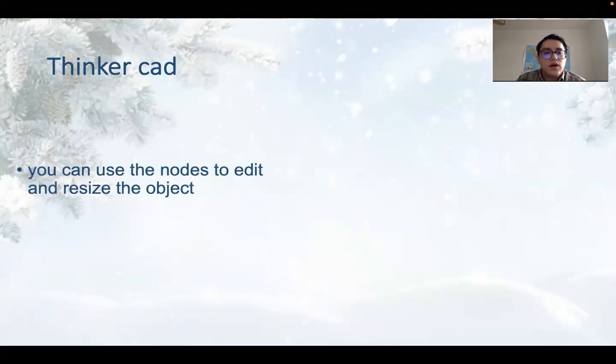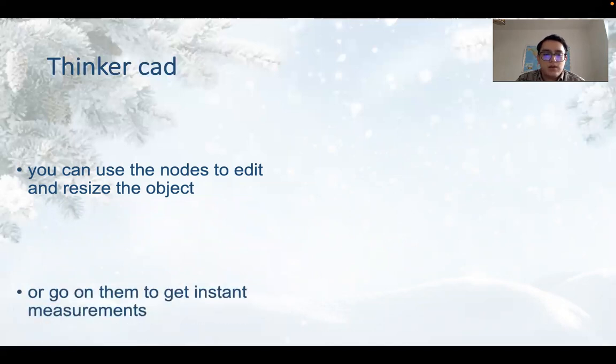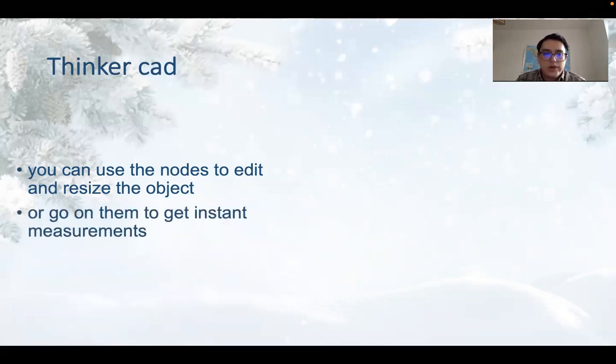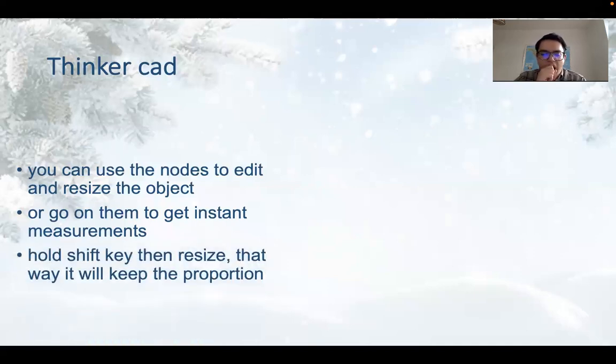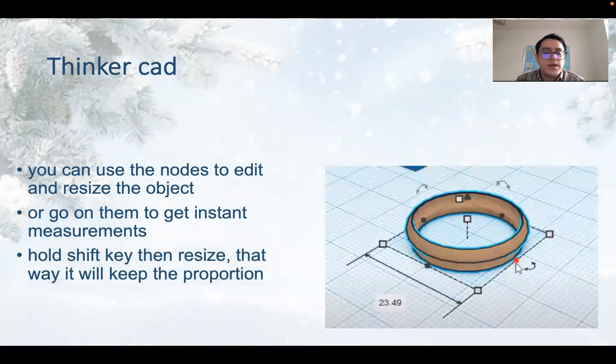You can use the nodes to edit and resize the object, or go on them to get instant measurements. Hold Shift key, then resize. That way it will keep the proportion. So you can see here, these are called nodes.